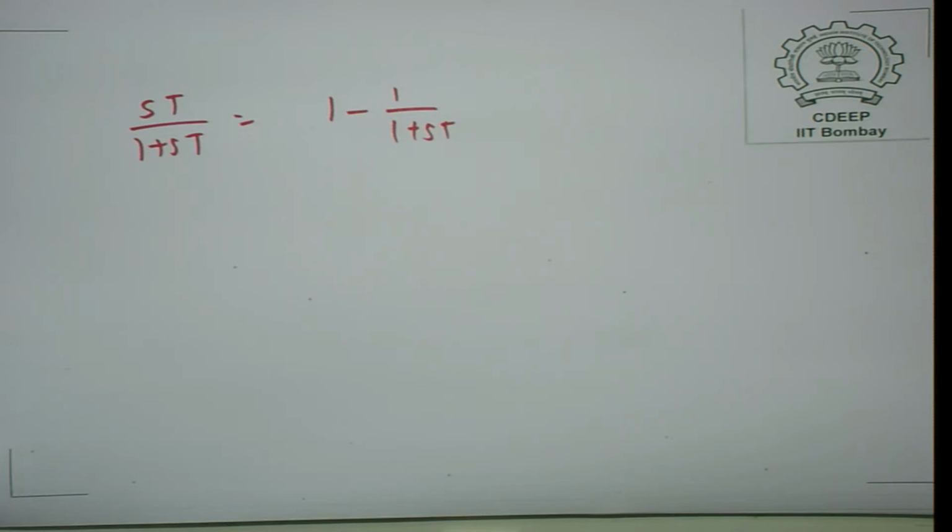It has got 0 steady state gain and it has got a high frequency gain of 1. So, if you put s tending to infinity, or high frequency, st upon 1 plus st approaches 1. And if you notice the transient response in this case, it is given by a phase and gain plot which looks like this.